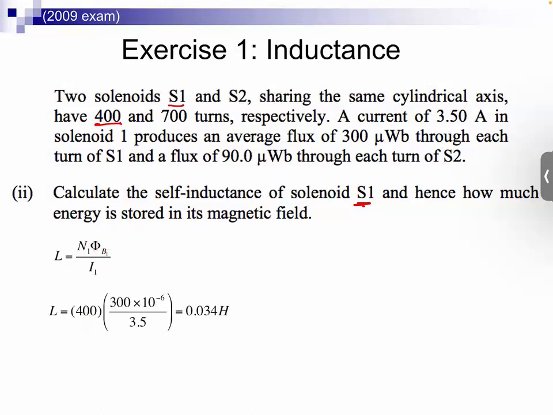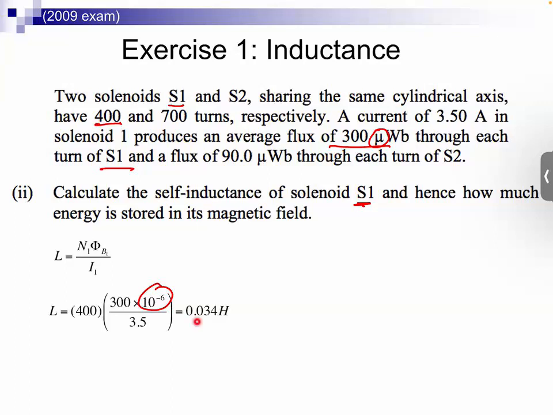The magnetic flux through solenoid 1 is 300 microweber, and again, don't forget to convert micro to times 10 to the minus 6. And then the current through solenoid 1, 3.5 amperes.